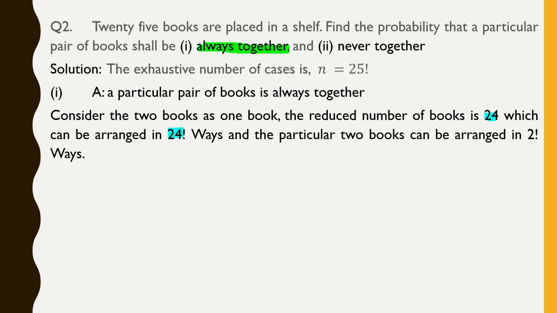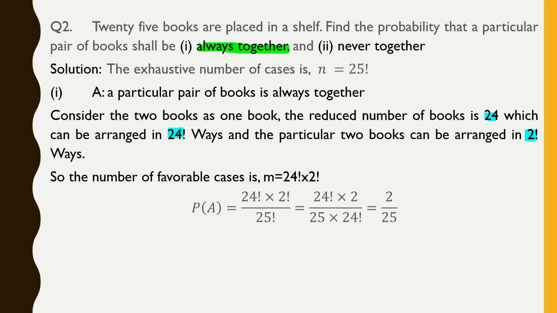And also the pair of books can be arranged among themselves in 2 factorial ways. So the total number of arrangements will be 24 factorial into 2 factorial. Therefore, the required probability will be 24 factorial into 2 factorial by 25 factorial, which reduces to 2 by 25.